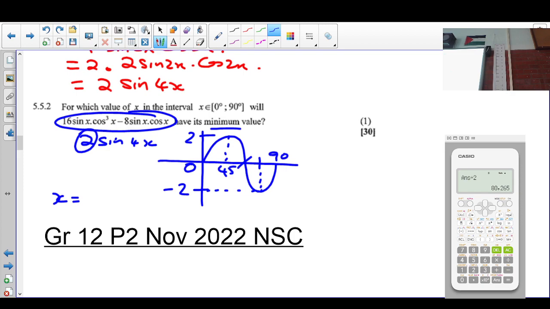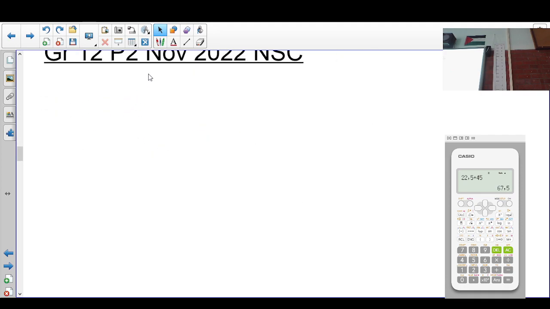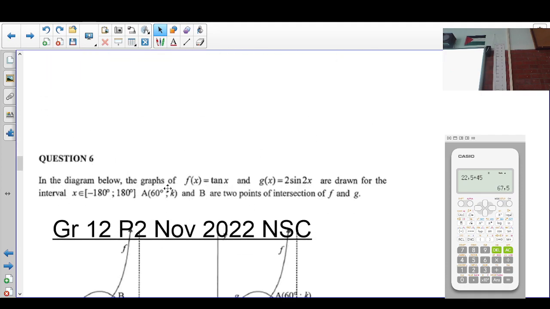And x is equal to 22.5 plus 45, which is going to give you 67.5. Which is this point here, 67.5. Nice.